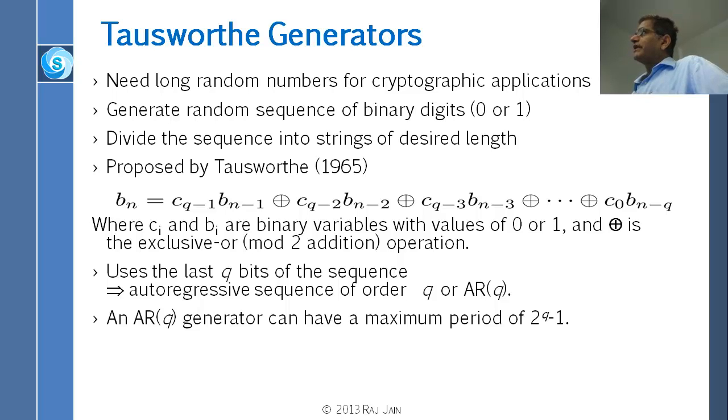So you start with B(n-1), multiply it by some coefficient C1, and exclusive-or with C2 B(n-2), exclusive-or, and so on. So this is like a regression on the previous values, but instead of addition, we have exclusive-ors, and everything here is binary. So the C's are 0 or 1, and the B's are 0 or 1. And this is exclusive-or, which is mod 2 addition, by the way.